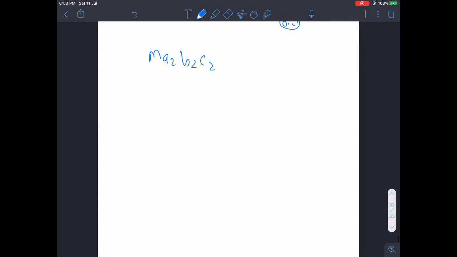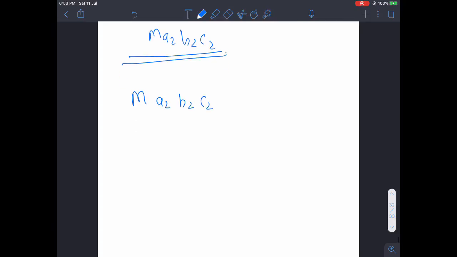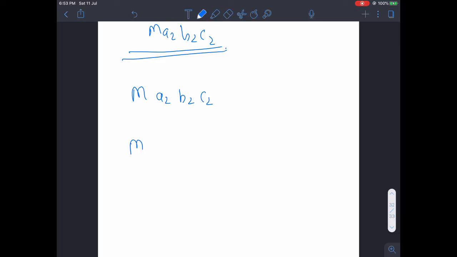Now for one of the isomers, I prefer writing this whole thing in this form, Ma2b2c2. When I say a2, b2, c2, I would like to take it in the axis form as MAA, MBB, MCC.